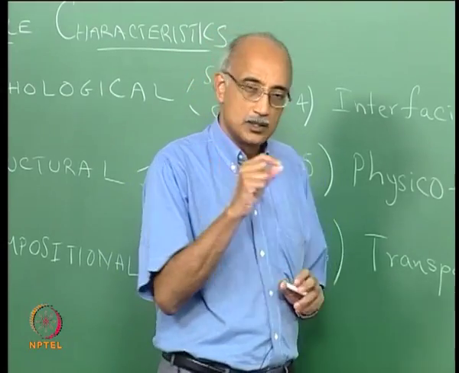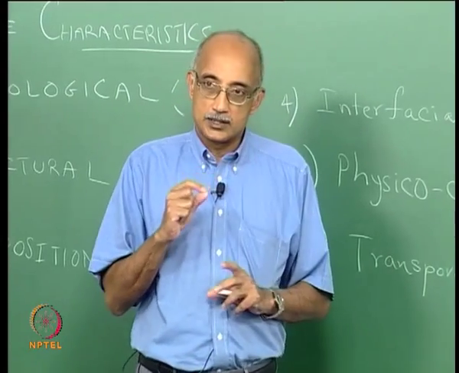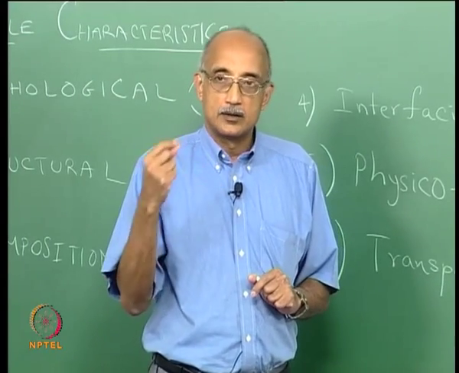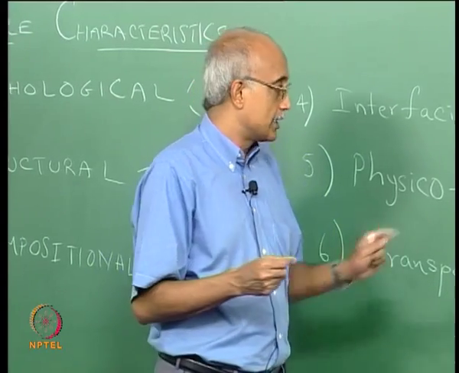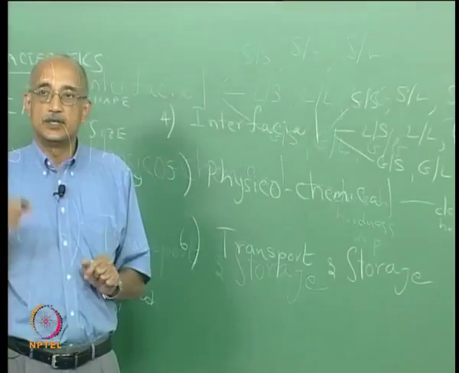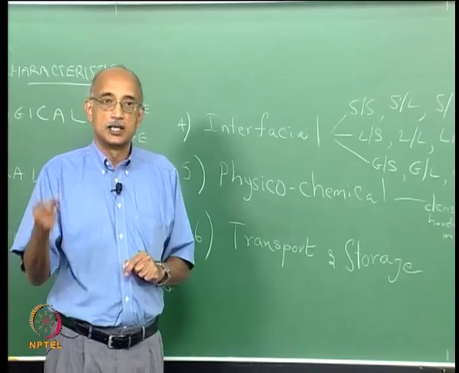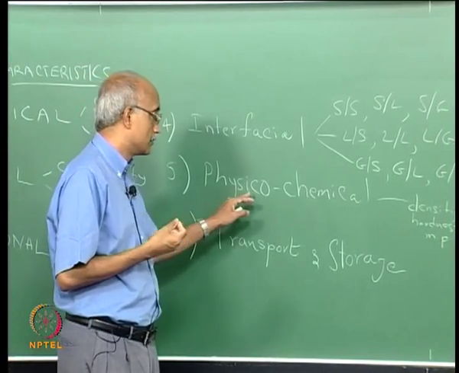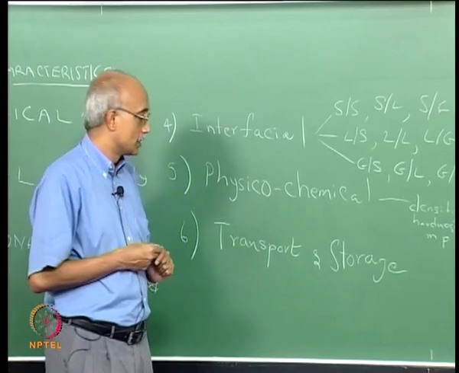So there are clearly some very critical dependencies of particle characteristics on their chemical behavior. That is why we combine the two. The physical properties of a particle will influence their chemical properties and vice versa. So you need to study them together as physico-chemical properties.